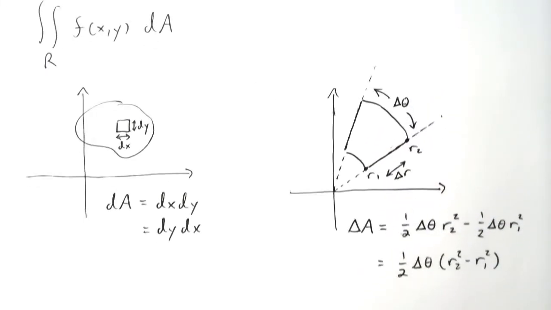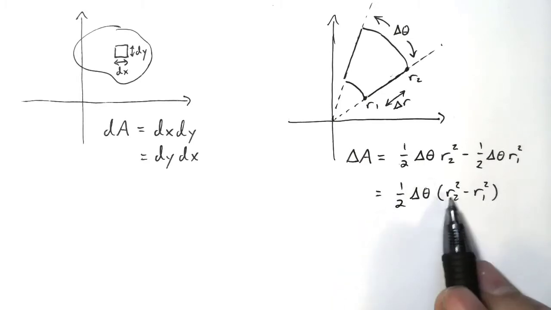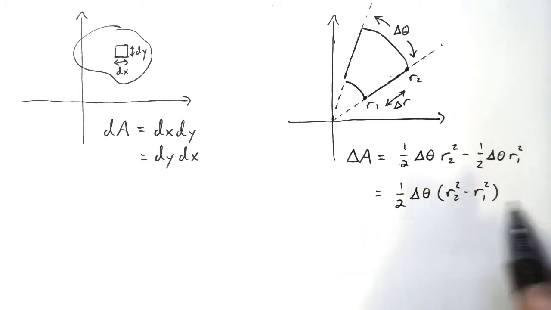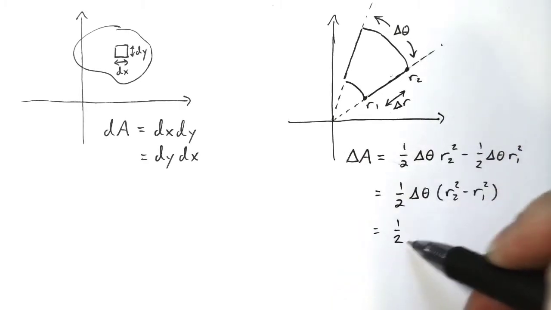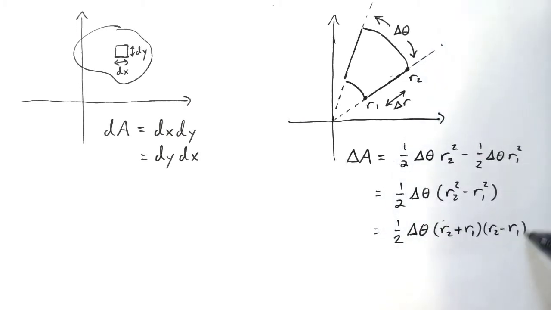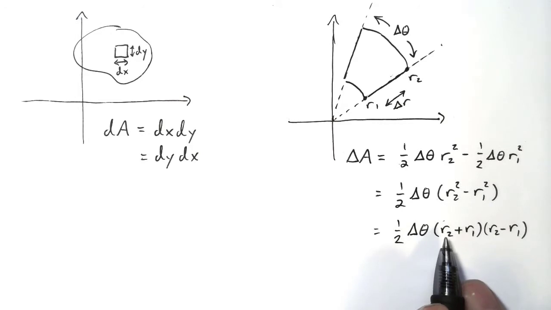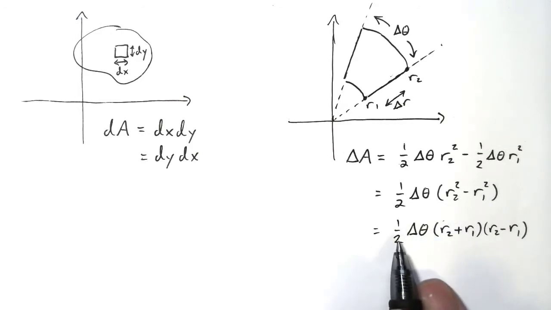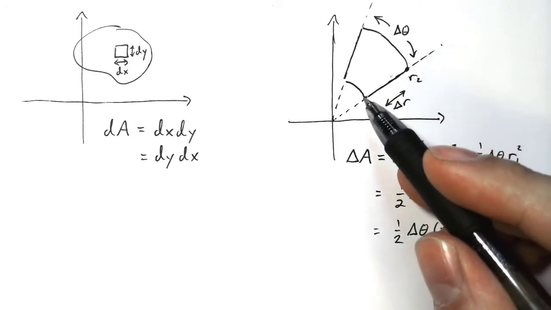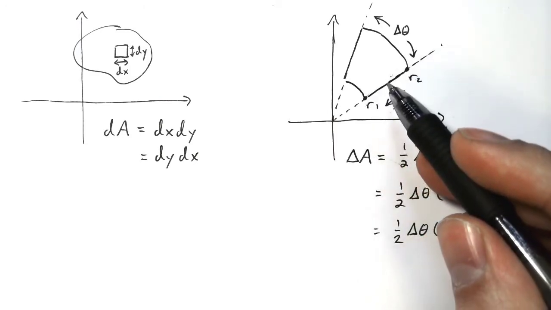Now, we can do some other things here. What I'm going to do is I'm going to factor this. This is a difference of squares, and so it factors as follows. Okay, now let's look at some of these things. (r2 + r1)/2. If I pull that out, that's exactly the median, the middle between r1 and r2.